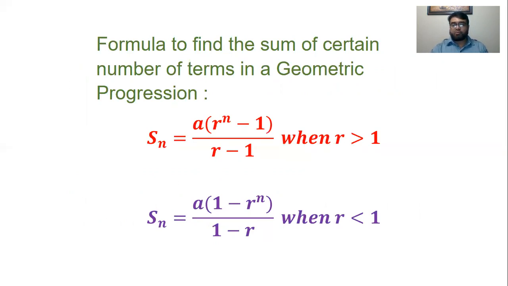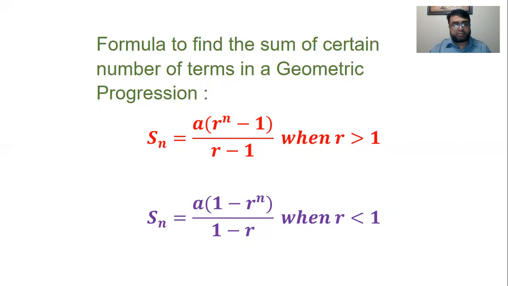If r is more than 1, look at the red writings, then the formula would be like this: Sn is equal to a into r to the power n minus 1 by r minus 1. And if r is less than 1, I mean the common ratio is less than 1, then the formula would be like this: Sn is equal to a into 1 minus r to the power n by 1 minus r.